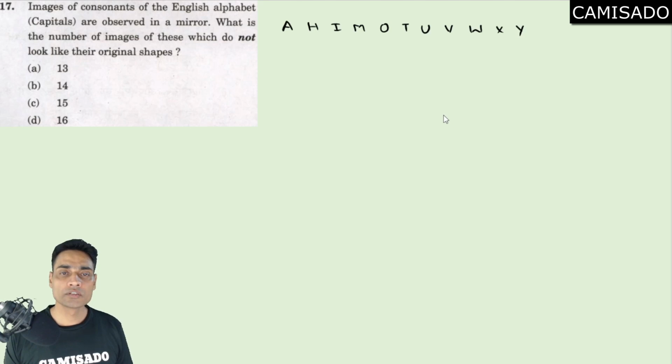But we are more interested in those whose shapes vary when you watch their mirror image. And the main part is he is talking about consonants, and we have to avoid vowels here.